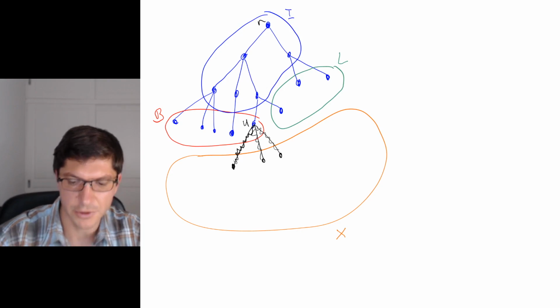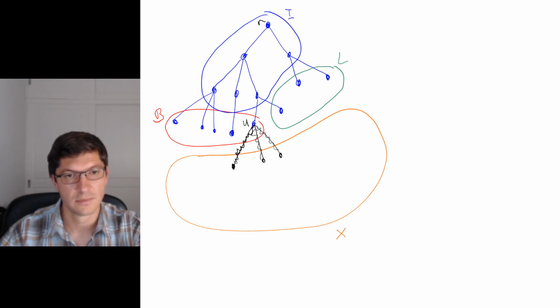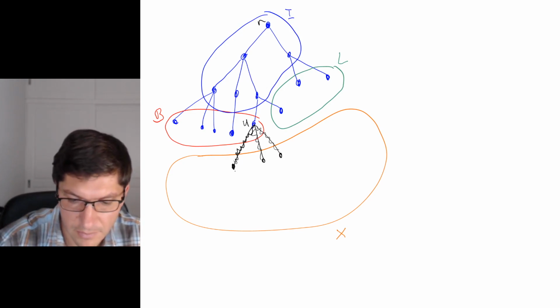Well, if we add this edge, either we get one more leaf, in which case we're happy, or it could be the case that this vertex was somehow already in the k-leaf tree, and we create a cycle.